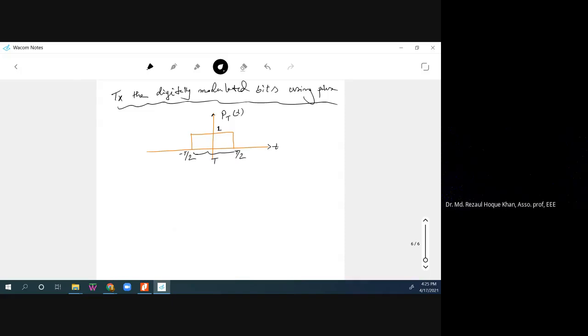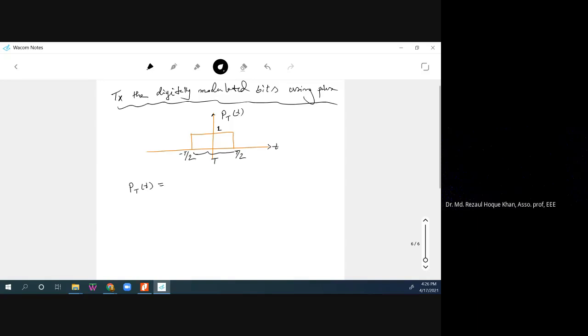How do we transmit this digital modulated symbol? We transmit it using a pulse. So imagine our pulse is termed p(t), which has a height 1 and has a width of T from minus T by 2 to plus T by 2.